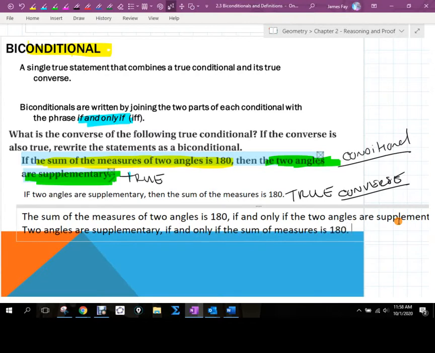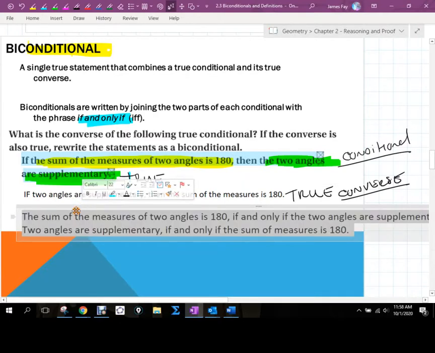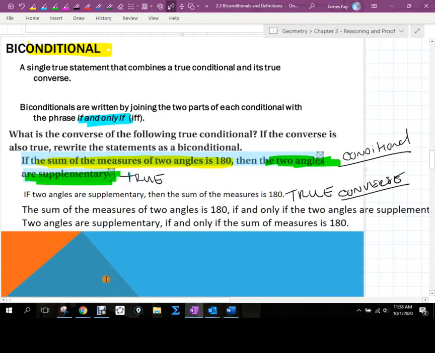And that shows you the reverse of writing this first one. That make sense to everybody? Okay. So those two things are acceptable versions of our biconditional.